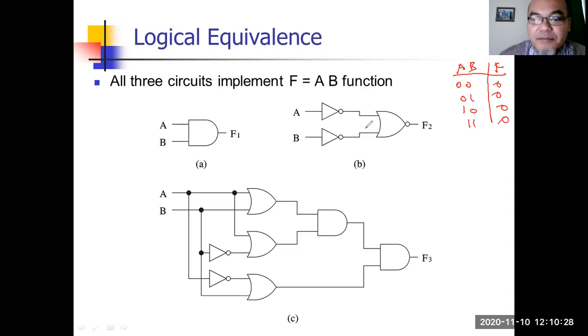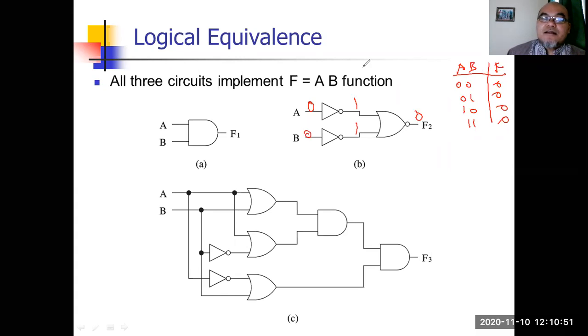What about B? B is made from two NOT gates and a single NOR gate, NOR, not OR. So when it is 0 0, this becomes 1 and 1, and this becomes 0, right? Because NOR is a combination of NOT and OR gates. So this is correct, this is the first one.